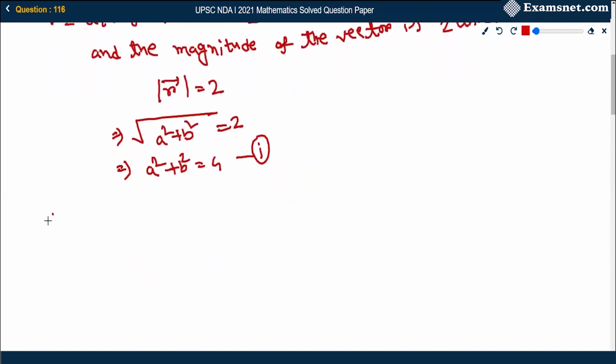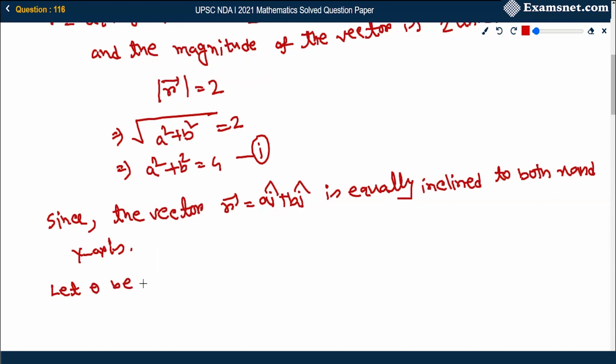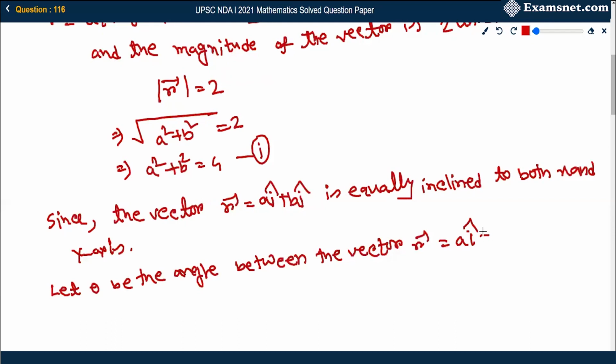Now, since the vector R equals a i cap plus b j cap is equally inclined to both X and Y axis, we can assume that theta is the angle between the vector and both the axes.